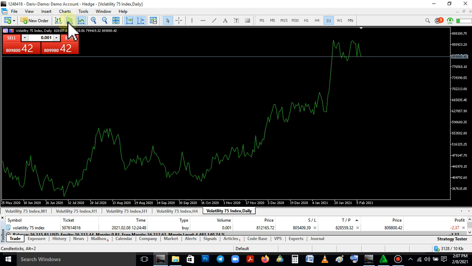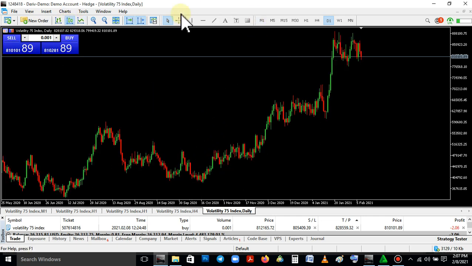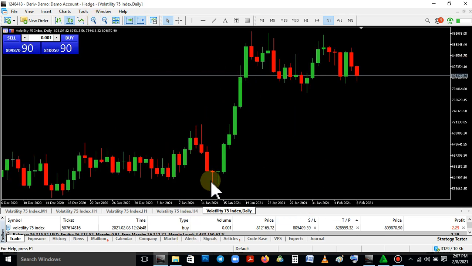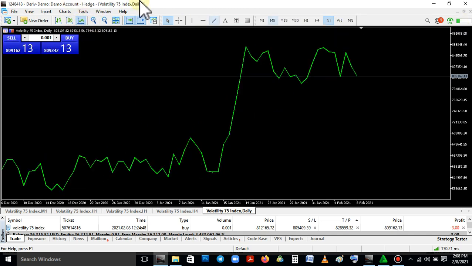What we call noise is, imagine a candle like this, and the weak candles like these. These are noises, where brokers make their manipulations. So all we want to do is filter the noise out, so that we can see what really happened. That's what we are looking out for.